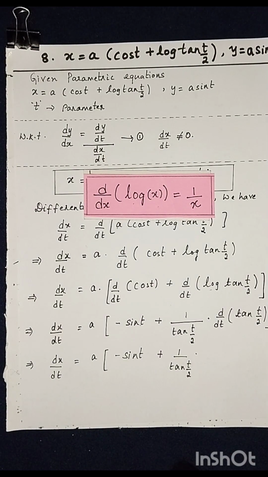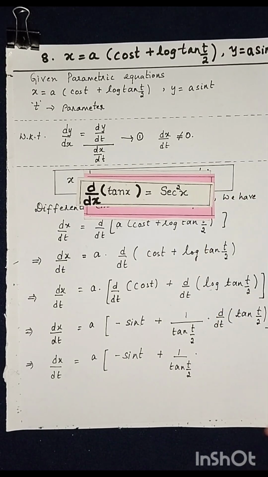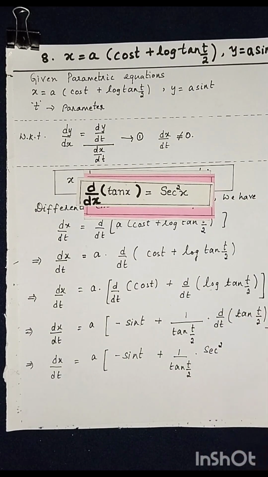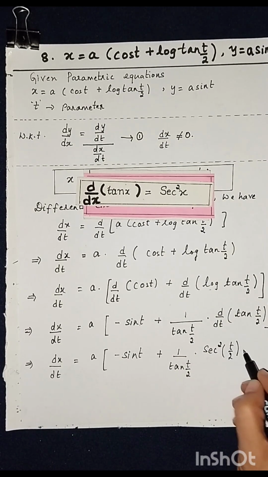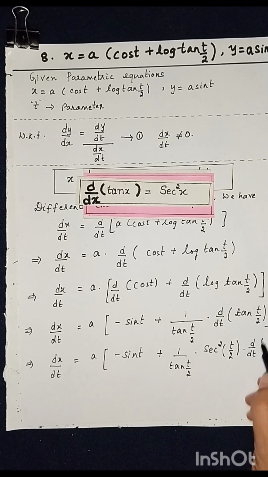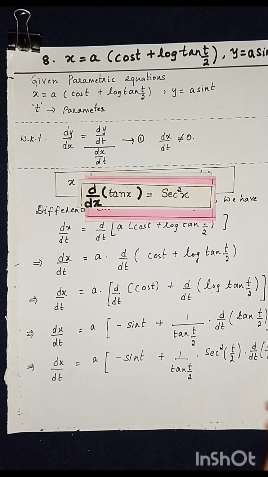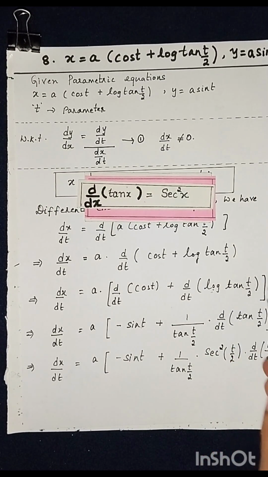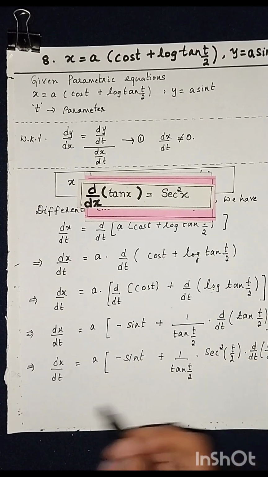The derivative of tan x is secant square x, but in the place of x we have t by 2. Now again chain rule, we have to differentiate t by 2. So first we differentiated log, next we differentiated tan, next we differentiated t by 2. So this is what we call chain rule.